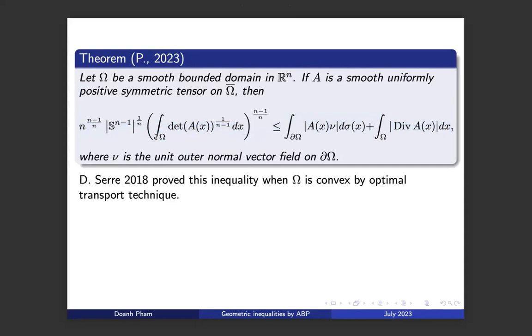This theorem seems to have important applications in fluid dynamics, as pointed out by Dennis Sear in 2018 when he proved this theorem for convex domains and applied this inequality to study fluid dynamics.